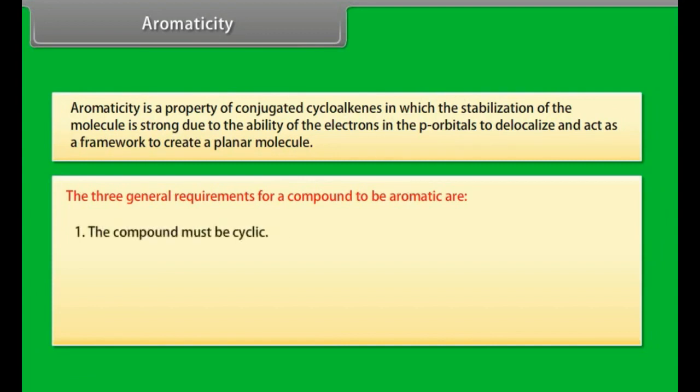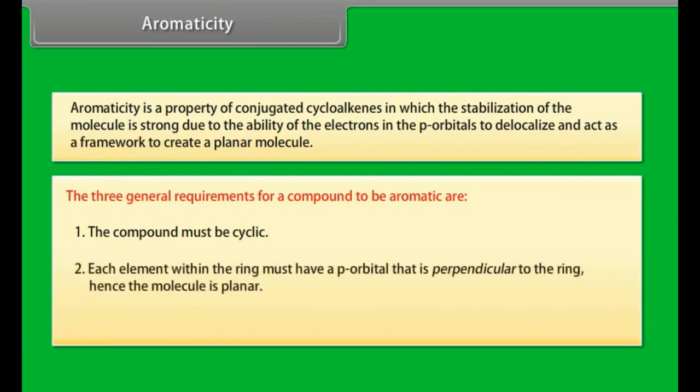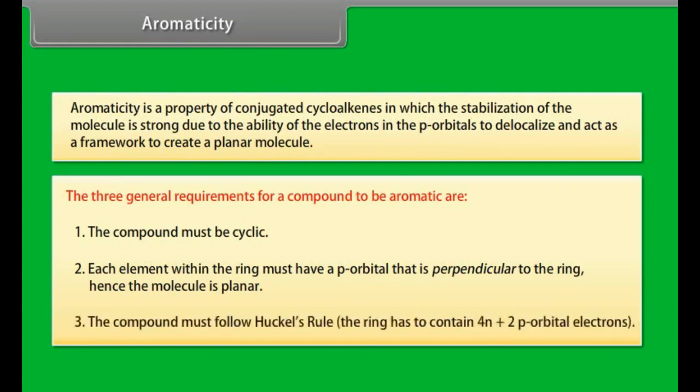The compound must be cyclic. 2. Each element within the ring must have a p orbital that is perpendicular to the ring, hence the molecule is planar. 3. The compound must follow Hückel's rule: the ring has to contain 4n + 2 p orbital electrons.